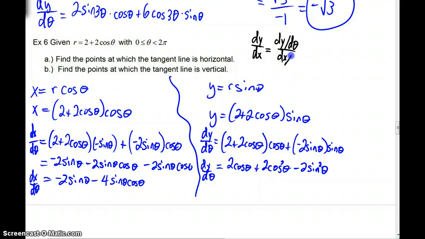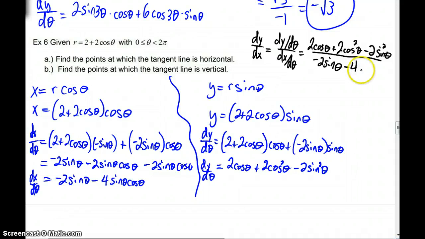Look, this is just going to the top of the notes. It's dy d theta, which of course is 2 cosine of theta plus 2 cosine squared of theta minus 2 sine squared of theta, all over our dx d theta, which is a little bit simpler looking. We have negative 2 sine theta minus 4 sine theta cosine theta.